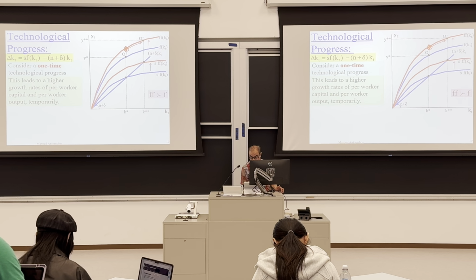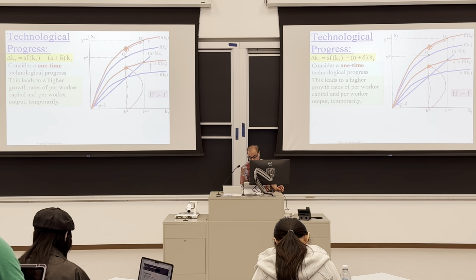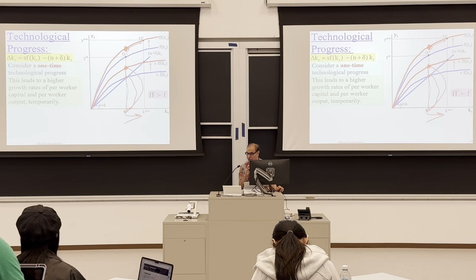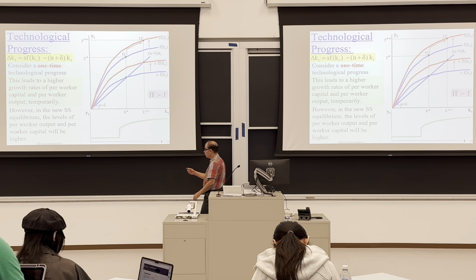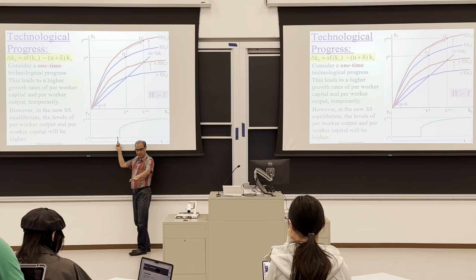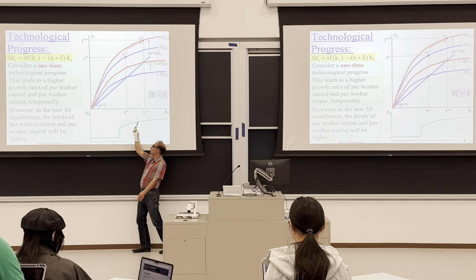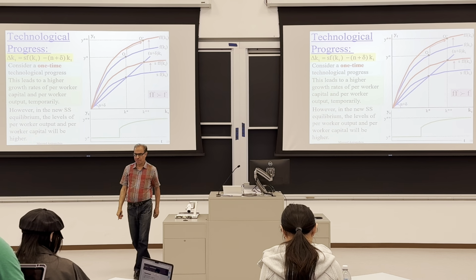But after that, at this point, inflow of capital is more than outflow of capital. Capital is gradually adjusting towards O prime. So on your timeline you have a jump, and then a gradual adjustment to the new steady state equilibrium.